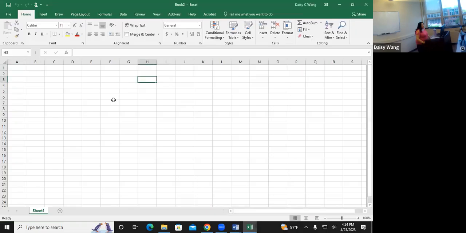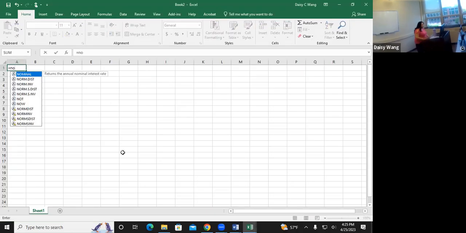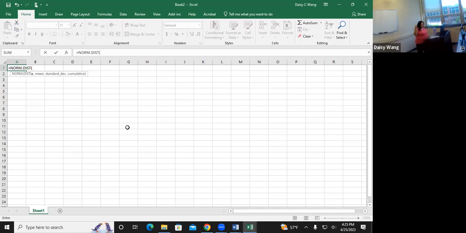what do we use? The function we use is norm distribution, right? Because it's normal distribution. So X is the number in the front. And in this case, we want 12.1 in the front because 12.1 is bigger. So X is 12.1, and our mu is 10.7.